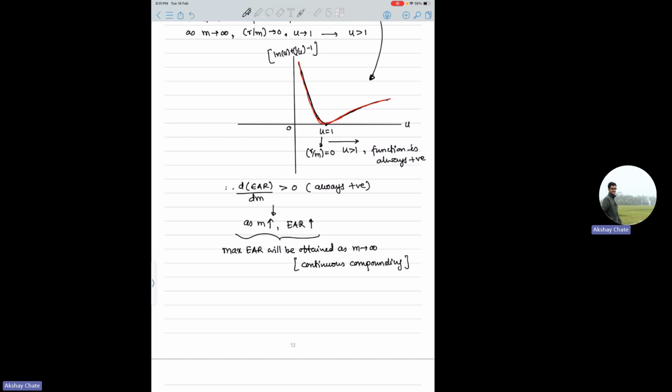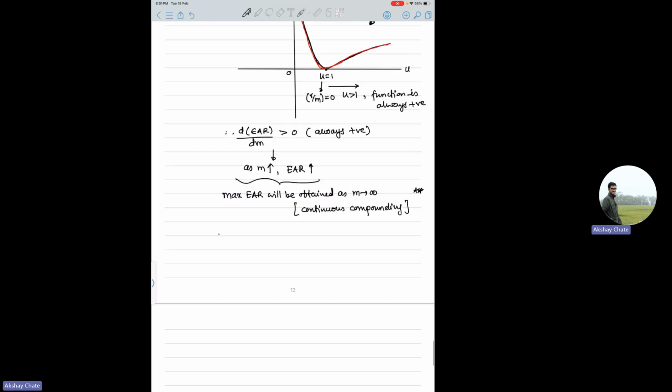Okay. And the least, or minimum EAR, will be obtained for M equal to 1. So basically annual compounding.